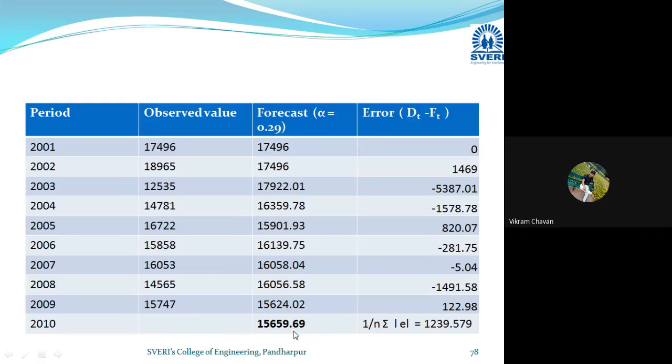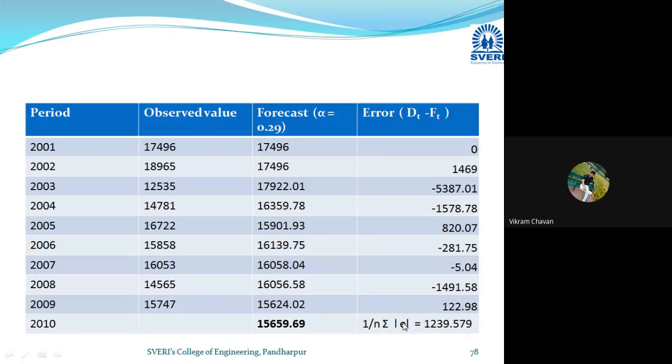We are not in 2010, we are now in 2009, and we have to determine for the next year what the electricity production will be in 2010. That will be the forecasting, and that value we are getting as 15,659.69.